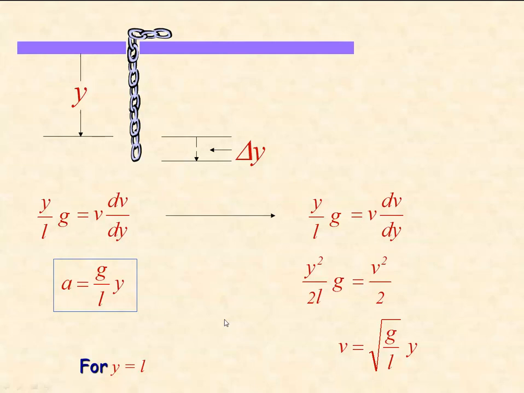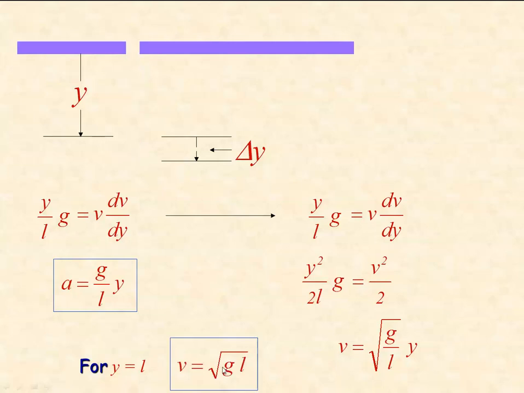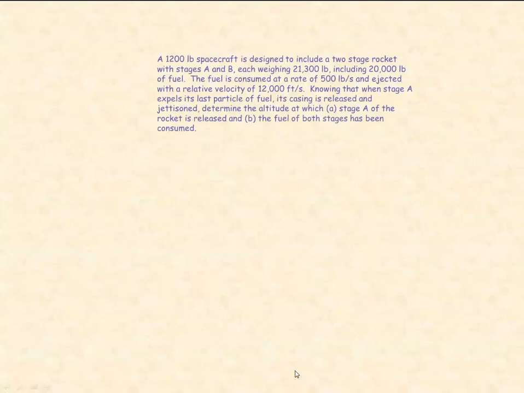So for y equal to L, your final velocity is going to be equal to the square root of g times L. What we do is put L inside the radical, and it becomes L squared, and then L cancels out and leaves us with an L right there. So, pretty interesting problem.